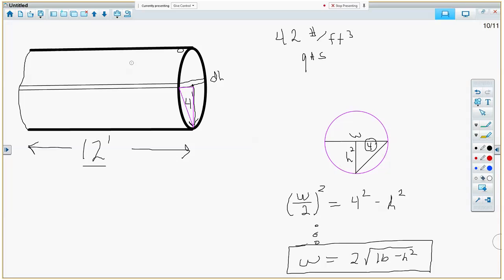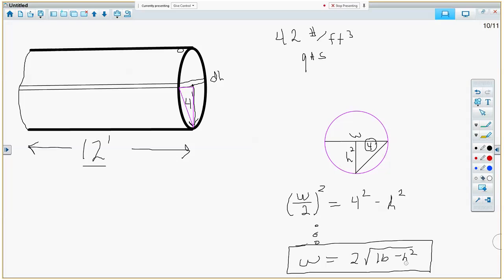Does it have to be the square root of 16 minus H squared, or can it be 2 times 4 minus H? It's 4 squared minus H squared. Is that what you're asking? No, like, since you've got a perfect square minus a perfect square, and you're taking the square root of it, can it just be 2 times 4 minus H? Can you simplify it now? No, because this is a difference of 2 squares.